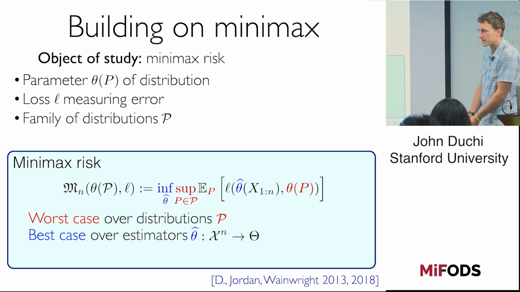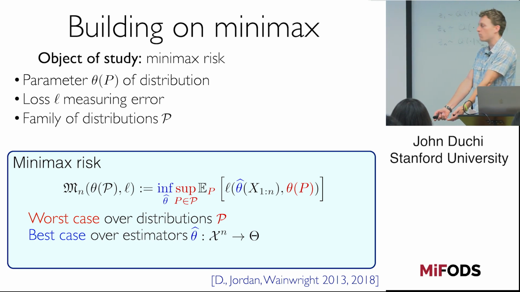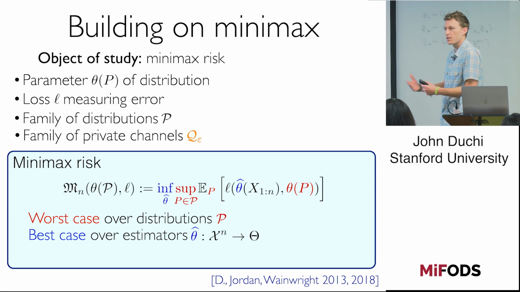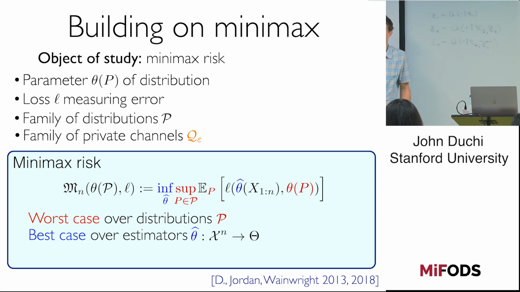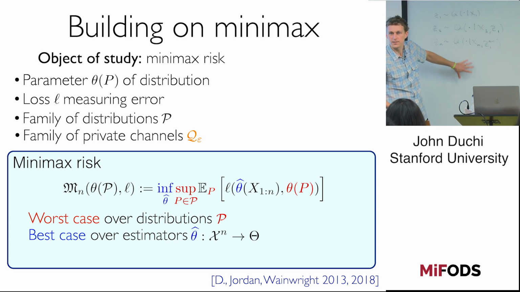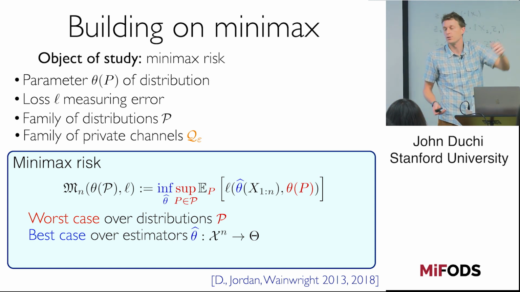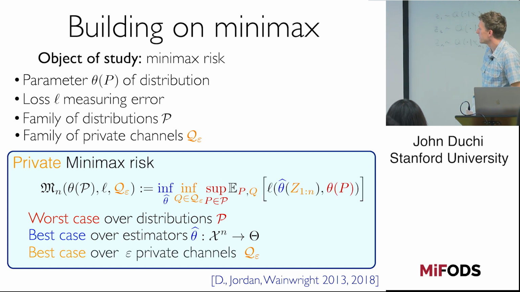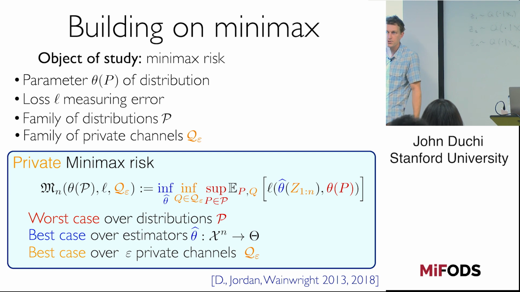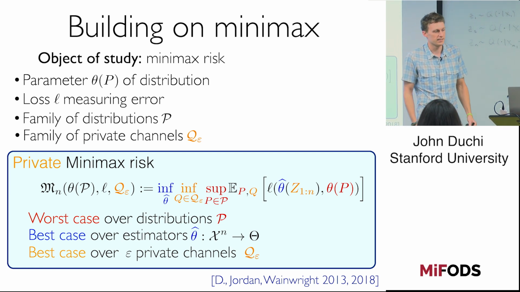And then if you wanted to do this with privacy, what you do is you pick some collection of private channels Q sub epsilon. So epsilon's our privacy level. So this would be all possible sampling schemes that satisfy whatever definition of privacy we're using. And then we say, let's put that in here. And we also want to have the best possible sampling scheme Q that respects our privacy guarantees.